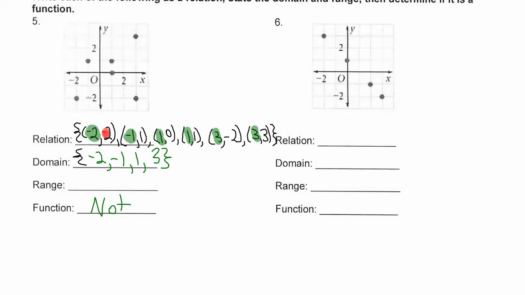So let's do this range real fast. All those y values, which I'm going to highlight with the red highlighter. The lowest value I see is -2, followed by 0, followed by 1, followed by 3.